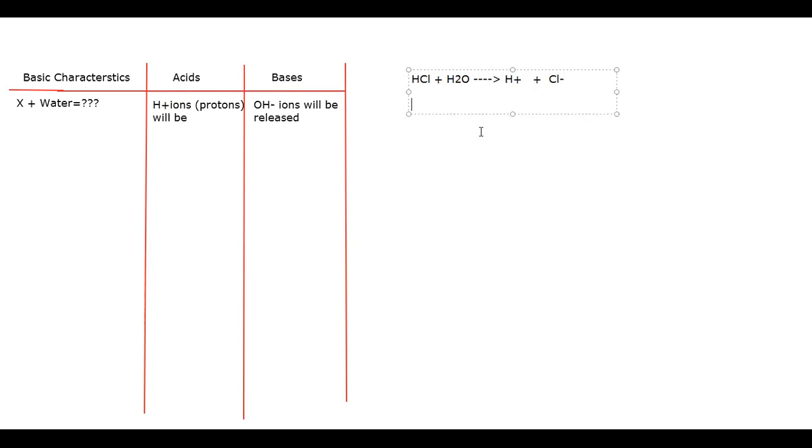Another thing that I'm going to share, any other acid like sulfuric acid. What is the formula of sulfuric acid? That is H2SO4. Sulfuric acid. Now the same thing will happen here in case of sulfuric acid.